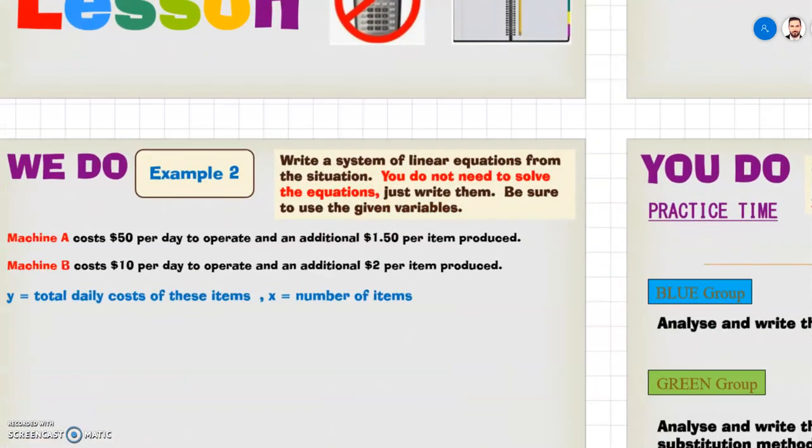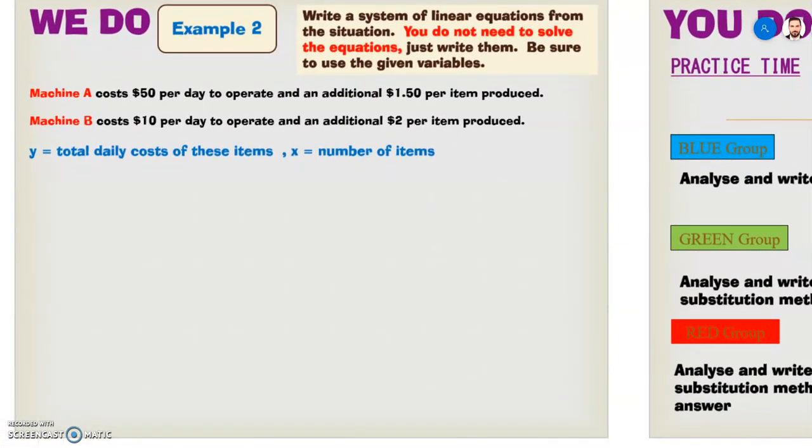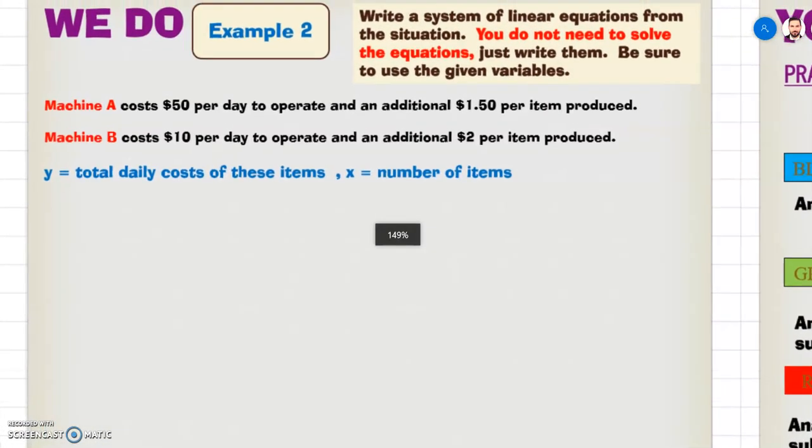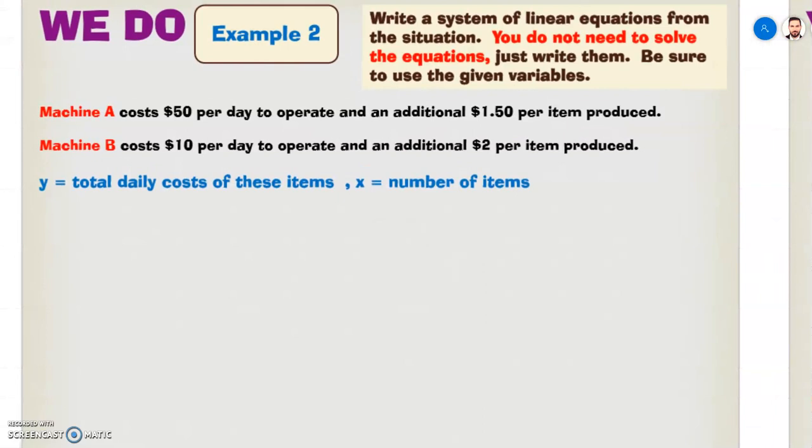Now the we do questions; let's do them together. In this question, you also only need to write the equations, not solve them. Let's see question number 2. Machine A costs $50 per day to operate and an additional $1.50 per item produced.